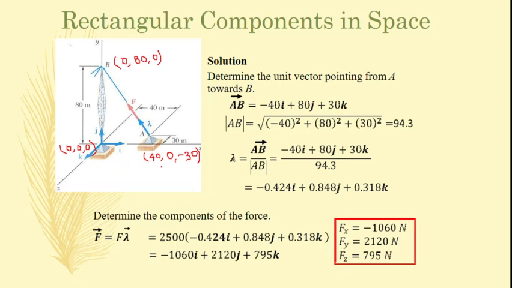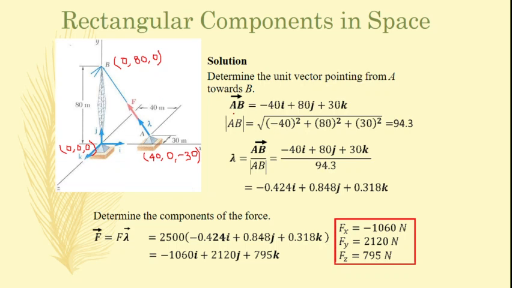Here this one is x1 and this one is x2, because this is the final point. Force acts from A to B, so it is x2 y2 z2, and this is x1 y1 z1.